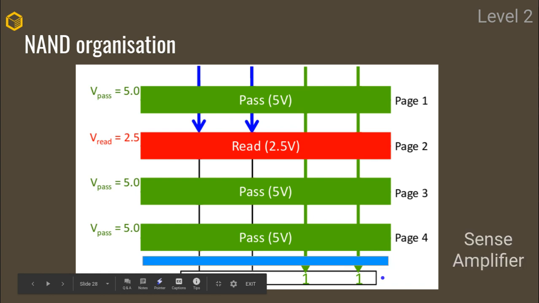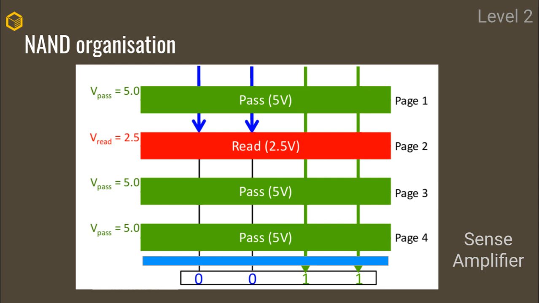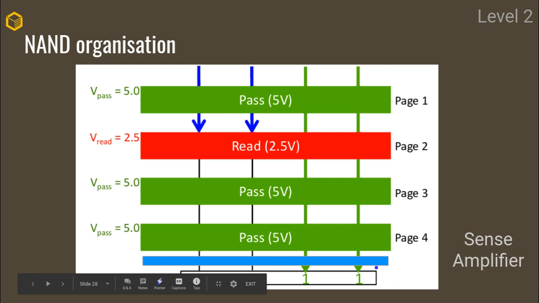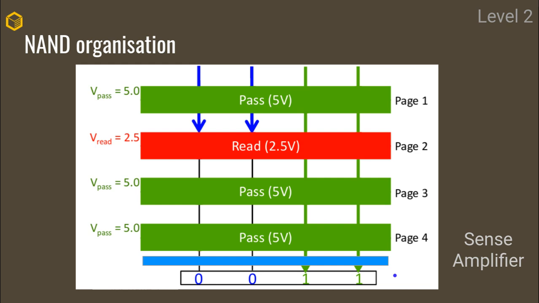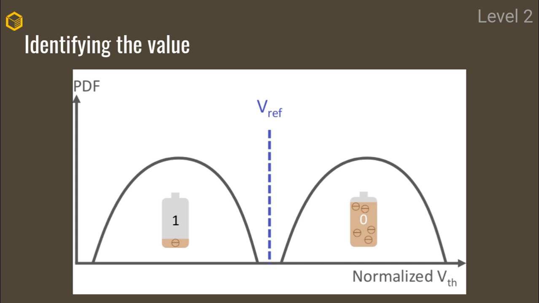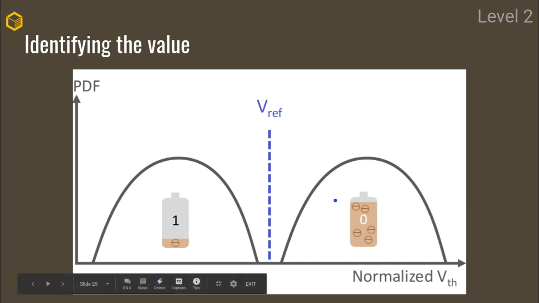Now, in reality, it's a little bit more complex than that, because I am not going to have clear-cut zeros and ones. In order to identify the actual value, I need not only to amplify the reading, but to identify the reading. For those that were here for DRAM, we're going to talk about it again. This is a very simple representation. In a perfect world, I would have a very clear-cut value for 0.